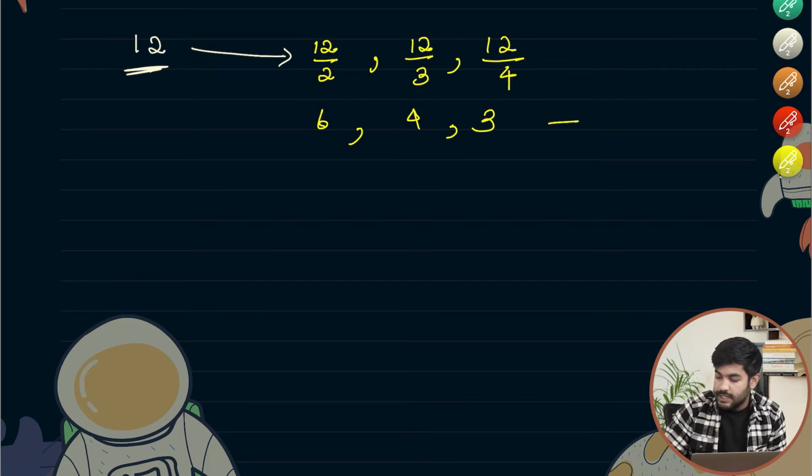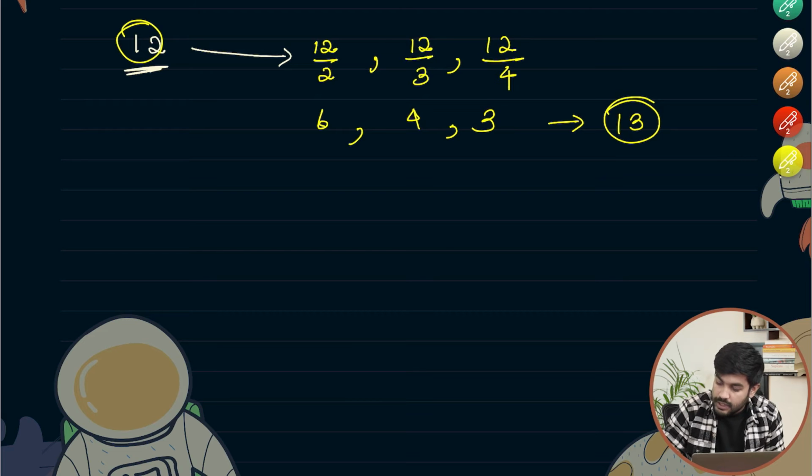And the resultant value out of this is 13. So here we had 12, here we have 13. Which is more? 13. So as of now, the answer is 13 because we need to return the maximum sum.